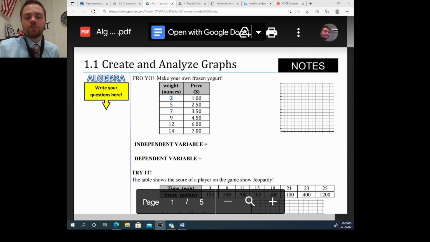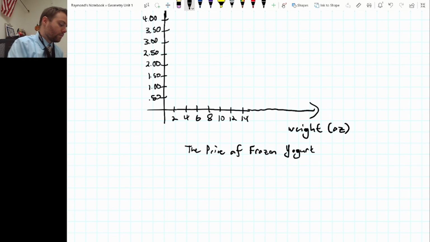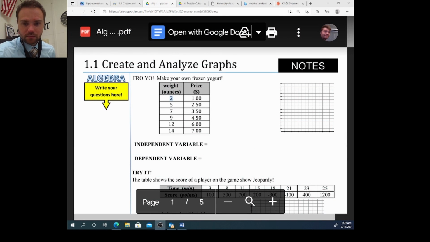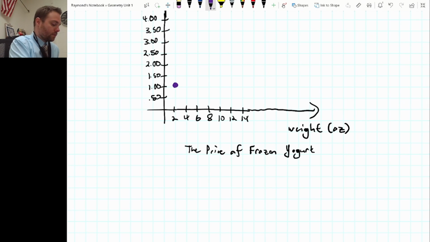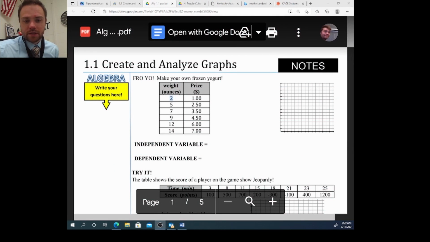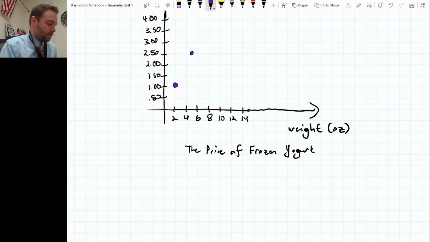Okay? So the first point we want to graph is 2, 1.0. I'm going to go right to 2 and up to 1.0 from the origin. I'm going to do this in a different color so you can see it. And then the next one is going to be 5, 2.5. So I'm going to go right 5 and up 2.5. Next one's 7, 3.50.